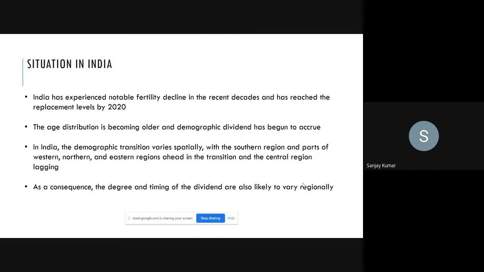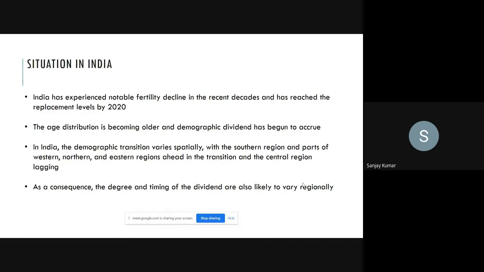And the situation in India is that we have already started accruing the demographic dividend in our country. But the most important part is that, as you know, India is a diverse country. So the demographic transition, the changes in birth rates and death rates, varies from region to region, from state to state. And it gives a very different perspective for the country.